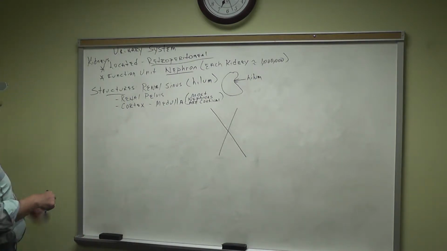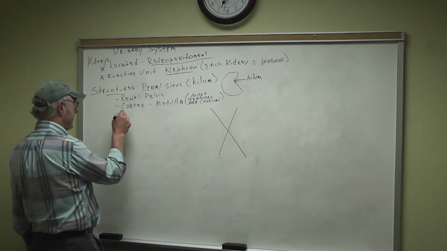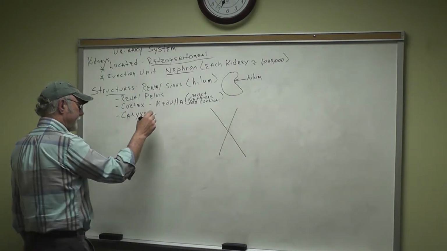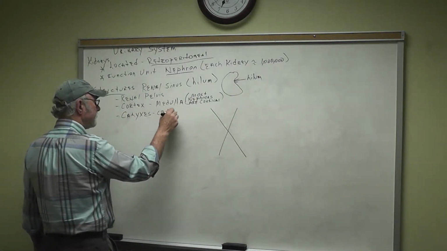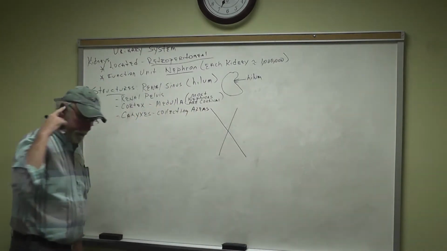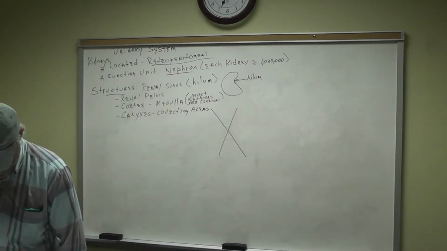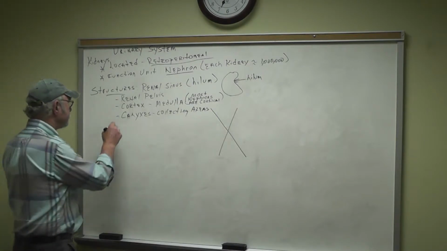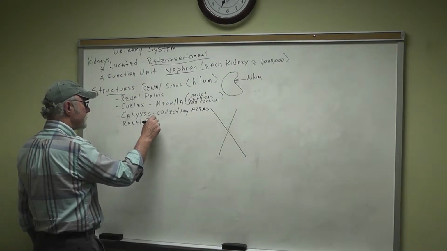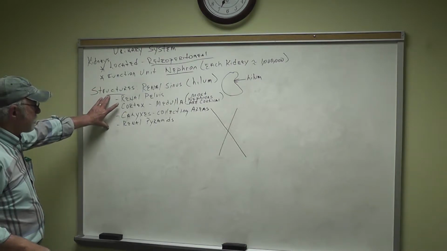Okay, so you have the major structures made of pelvis, the cortex, you have calyces, again, collecting areas, okay, and then there's pyramids, renal pyramids. All right, so these are just basic structures. What you need to do is just look those over. We're not going to get real picky about dissecting these particular areas.